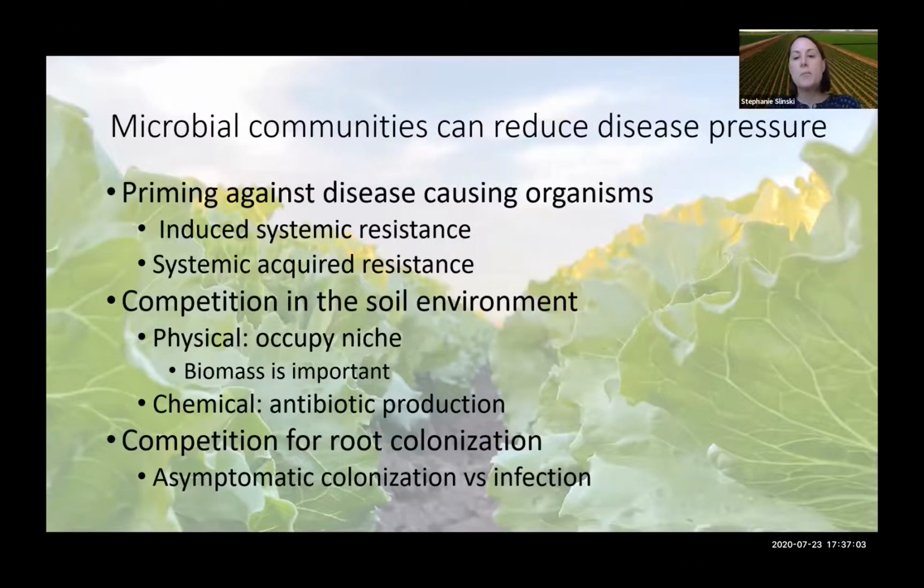This could be by occupying the same niche as the plant pathogen, especially in the rhizosphere, which is that area around the roots influenced by the sugars and amino acids that are released by the roots. Some microbes will colonize the surface of the roots or will grow into the roots without causing disease. This is a very effective method of excluding pathogens from the root.